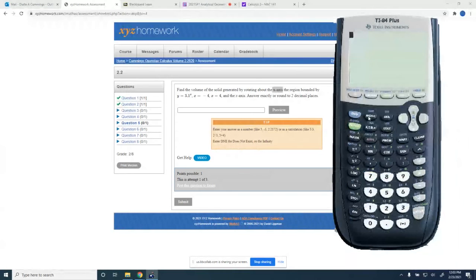Okay, so I'm going to go back to the home screen. I'm going to pull up function integration. So remember, the function was pi times the radius squared.